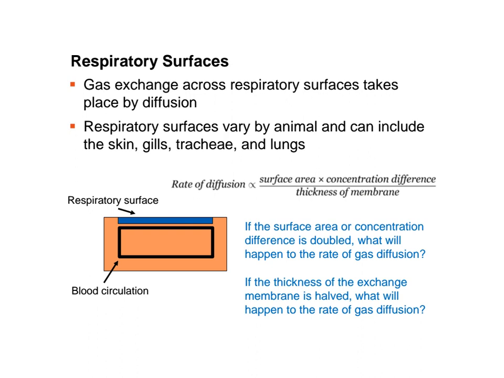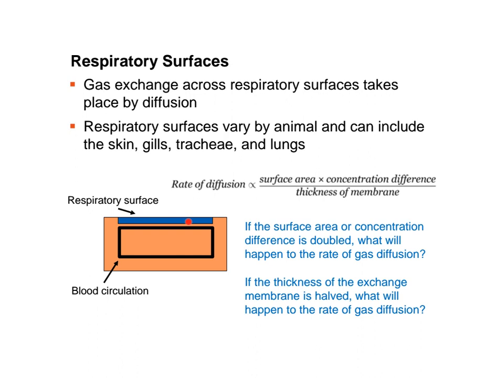So the membrane refers to not a cell membrane, but rather the whole surface through which the oxygen would have to diffuse. For example, a respiratory surface might include a layer of water on the surface. Then the cells, for example, in the lung, you'd have epithelial cells that make up the alveoli, which are little sacs in the lungs.